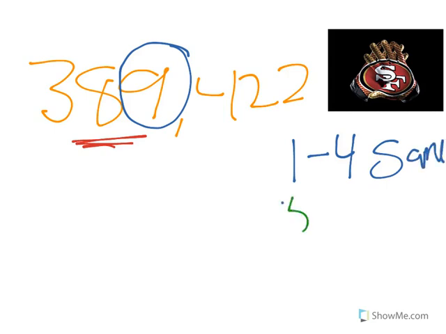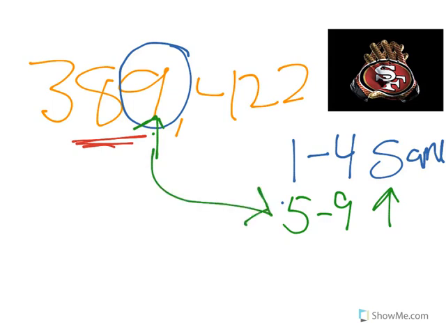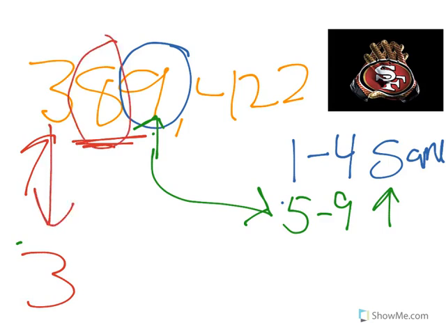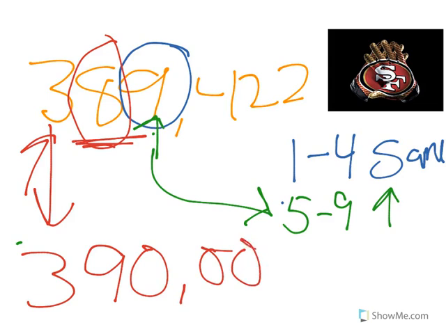If it is 5 through 9, it goes up. So that 9 obviously fits into that 5 through 9 category. This is the other big question students have with this lesson: what do I do with the number before it? You just write it down. This is the only number we're worried about right now. You just bring that number down. Because it's 5 through 9, I'm going to make it a 9, and then everything else will become a 0.